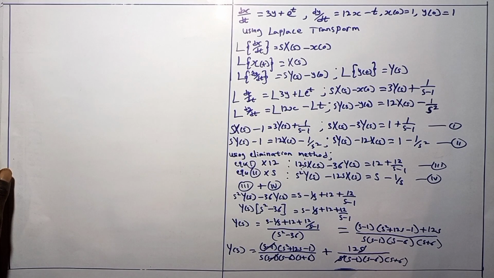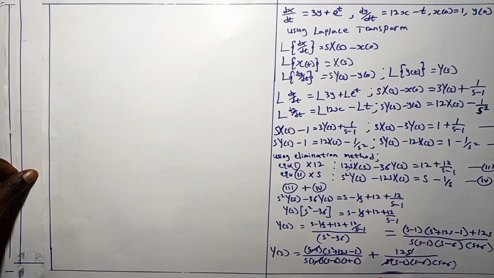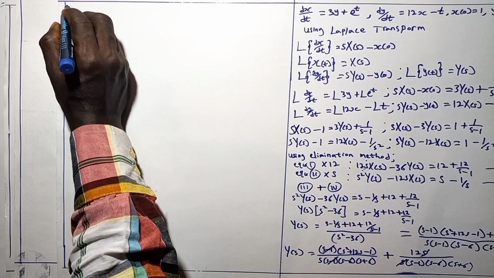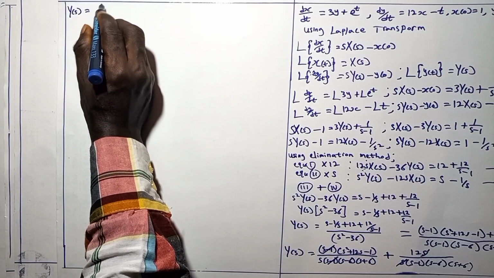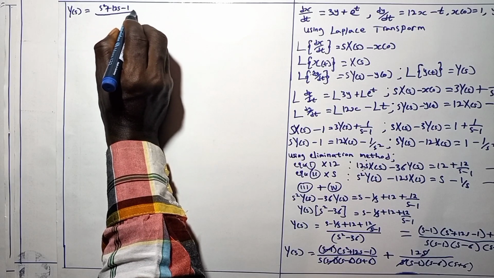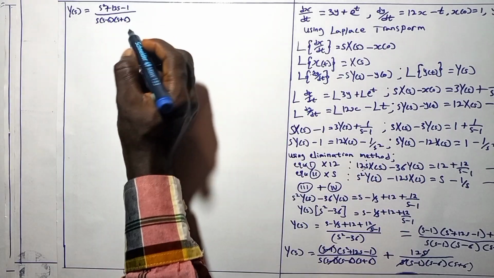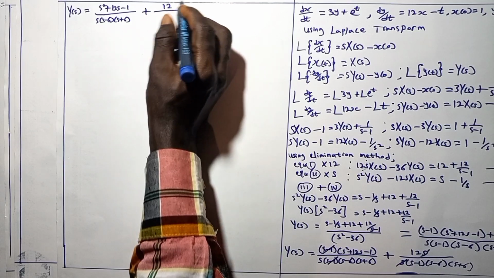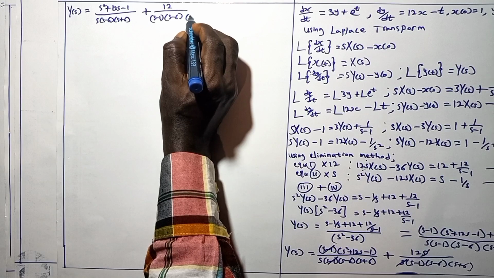So let me adjust so we can see clearly. We are left with y of s is equal to s squared plus 12s minus 1 all over s minus 6, s plus 6, then this s has been struck out, so we have 12 all over s minus 1, s minus 6, s plus 6.